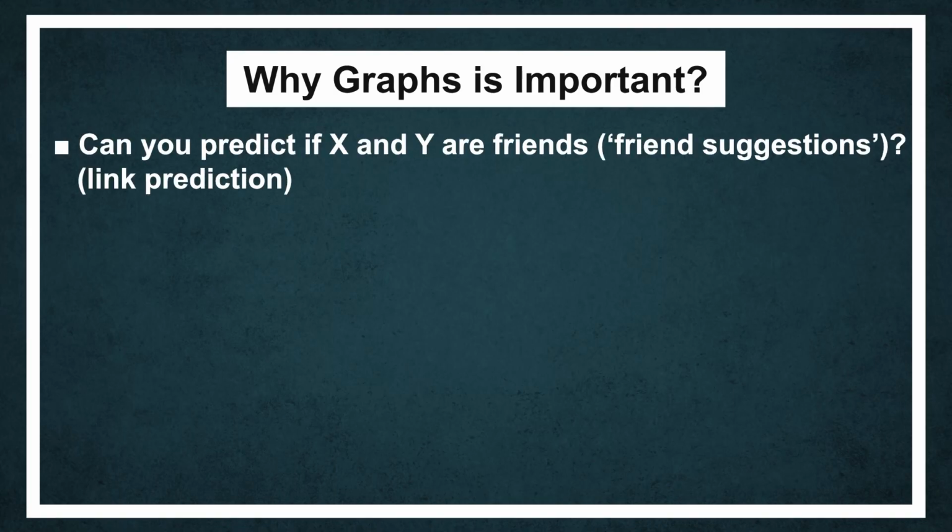Another category of problem is, can you predict if X and Y are friends? Friend suggestions can be given, it is a kind of link prediction problem. Interestingly, in a very similar way, questions are often of interest in the context of biological networks and can be addressed using pretty much the same graph algorithms.